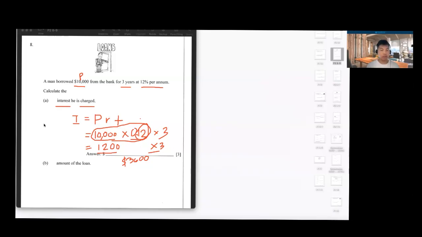Oh, they added that. So the total amount of the loan would be 10,000 plus the interest, which is 3,600. So that would be $13,600.